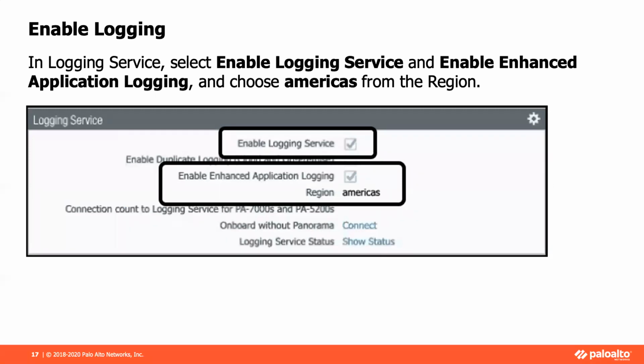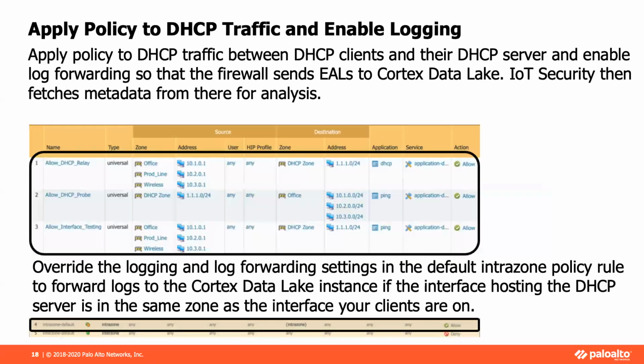Now, as you know, in order to forward logs to Cortex Data Lake, traffic has to hit a security policy rule. So we'll need security policy rules for traffic going between zones, looking for DHCP. So DHCP and DHCP relays and probes. Usually you'll need applications such as DHCP for our App-IDs, and ping for the probes.